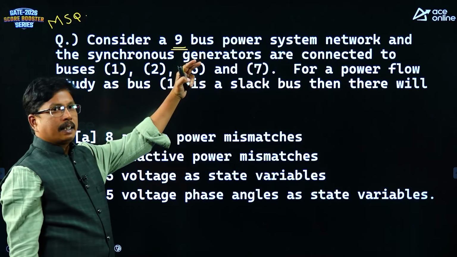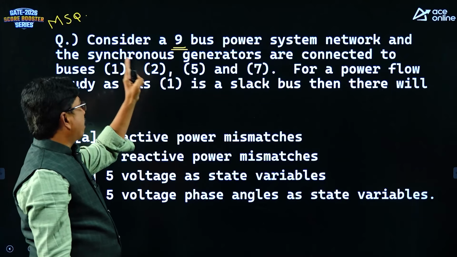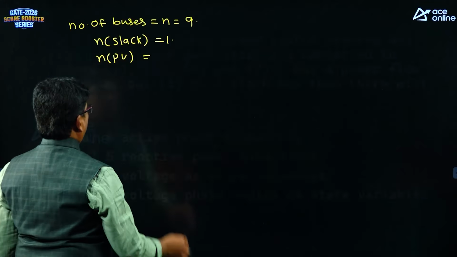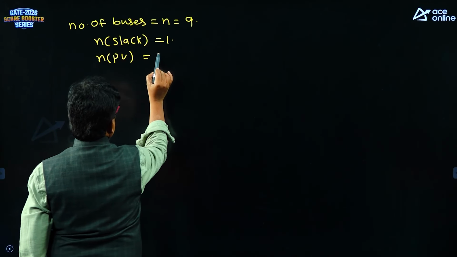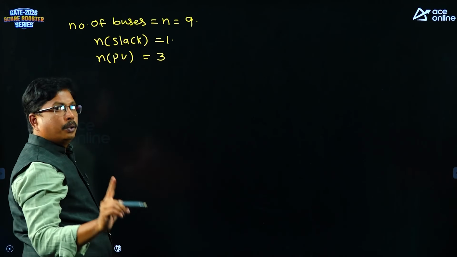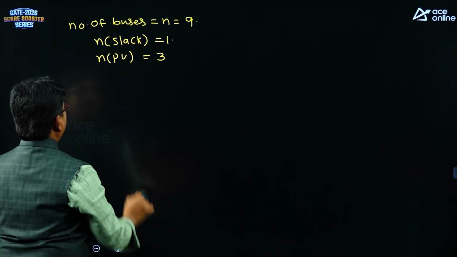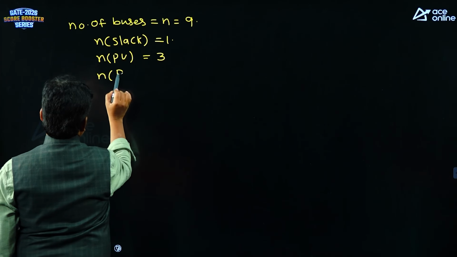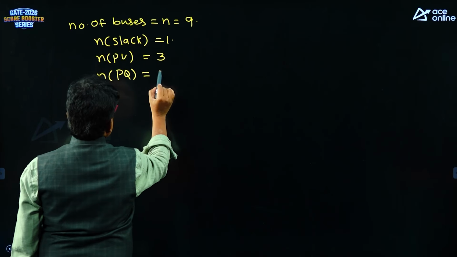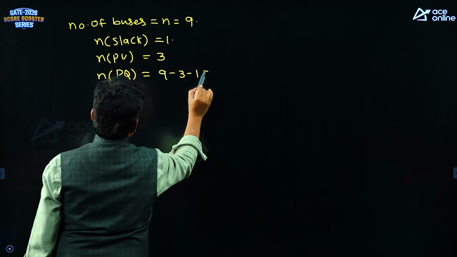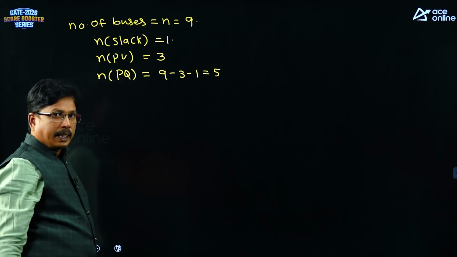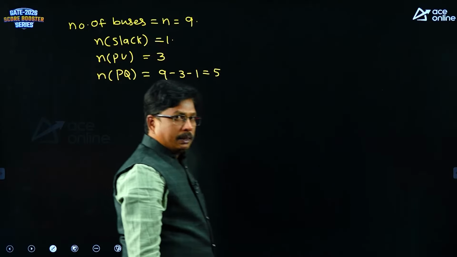Of these, 1 is a slack bus, so the remaining are only 2, 5 and 7. So the number of PV buses is 3. Remaining are PQ buses. Number of PQ buses will be 9 minus 3 minus 1, which is 5.